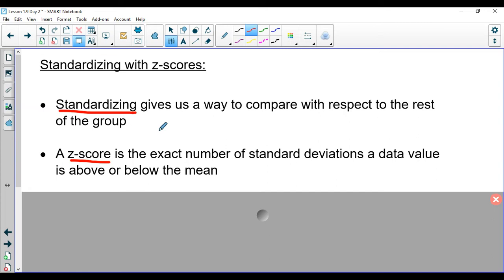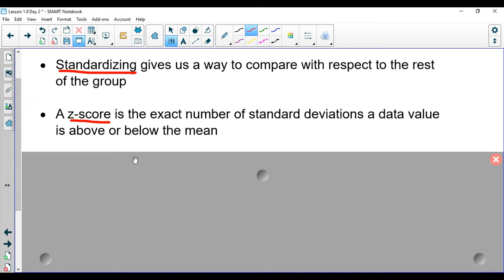That's kind of a fancy definition, but what I would like you to understand is that the z-score is just a way to measure things, and the measurement we're using is the standard deviation. Another thing to keep in mind is z-scores can be positive and can be negative, based on whether they're above or below the mean.